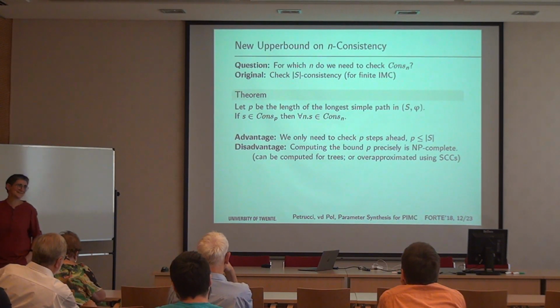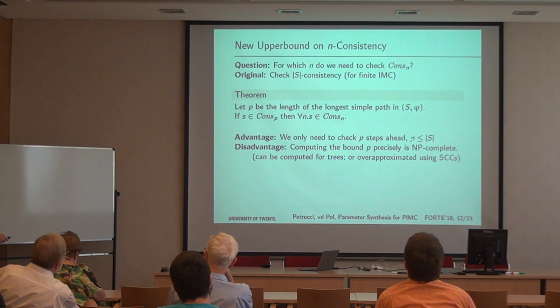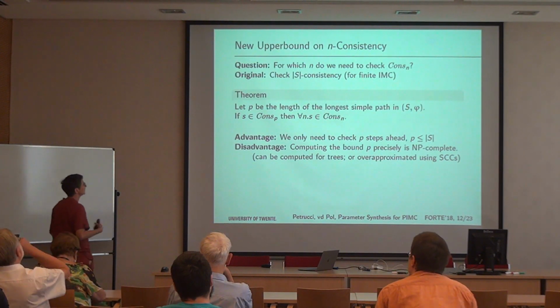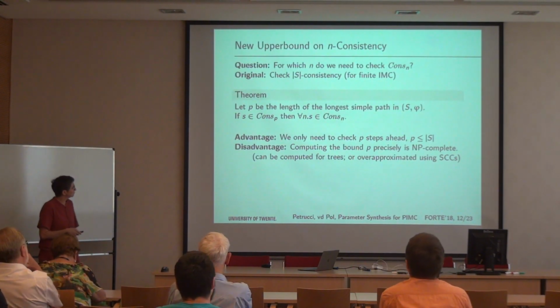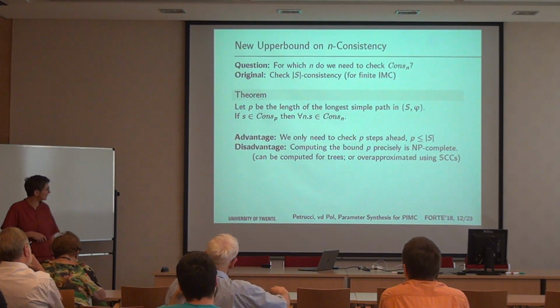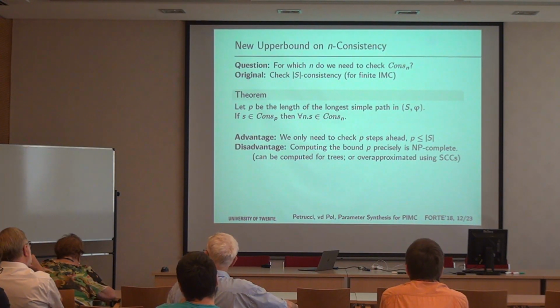So we could say it doesn't help. This bound is smaller than or equal to S, so it should be nice because we would have to do the procedure fewer times. We have this disadvantage, but it can be computed for trees, so in this case it's fine, or over-approximated using strongly connected components, so it helps as well.